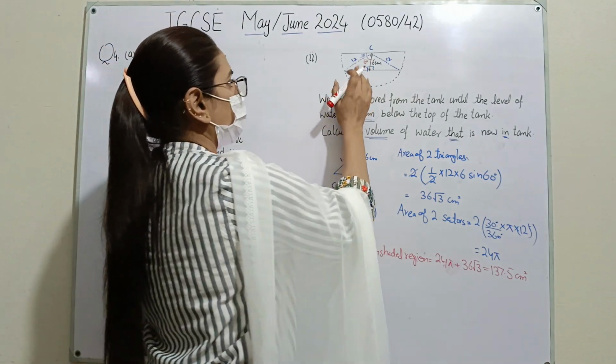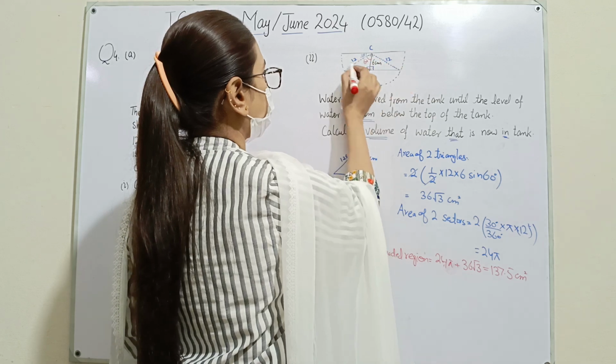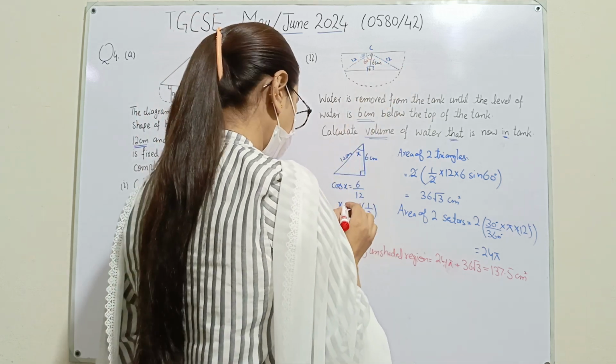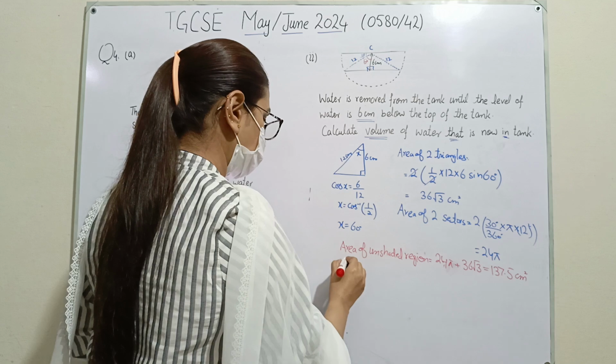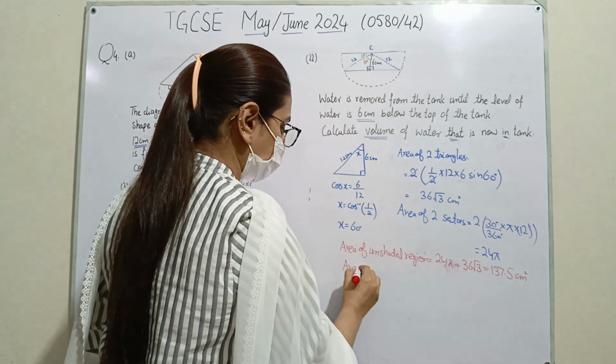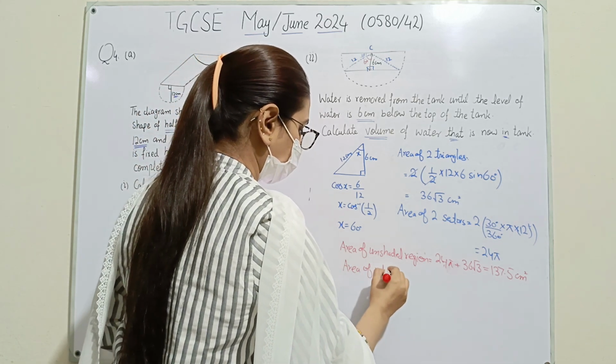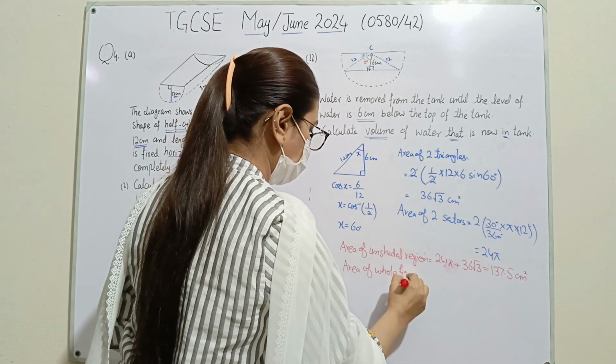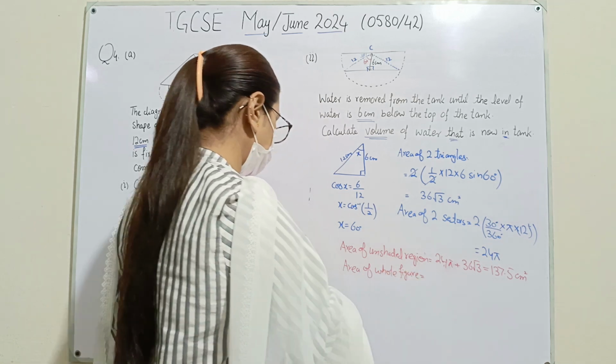Now, so far you have calculated the area of all these things. Now you have to calculate the area of the whole figure. What will be the area of the whole figure?